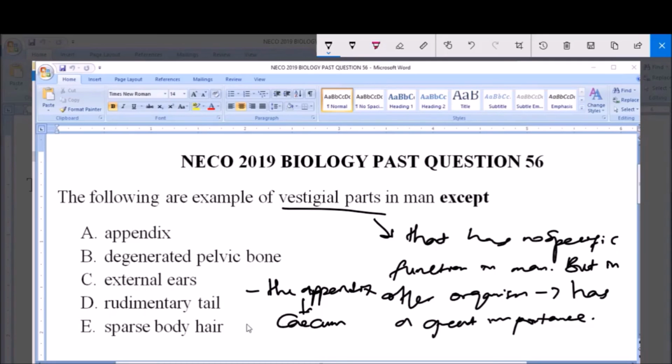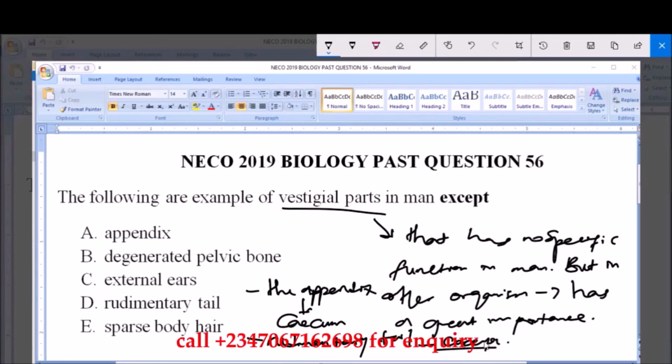Another example is the rudimentary tail in man, that is the coccyx. In other animals it forms the tail, and it is very important in other animals, but in man it becomes rudimentary, that is the coccyx bone.